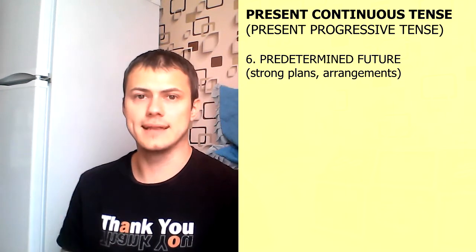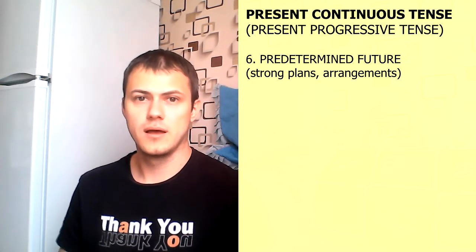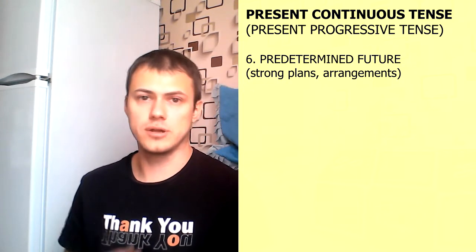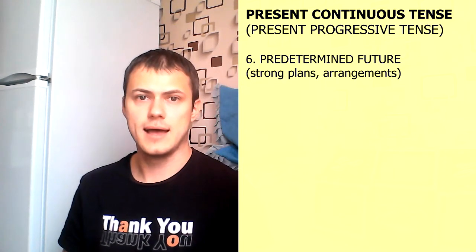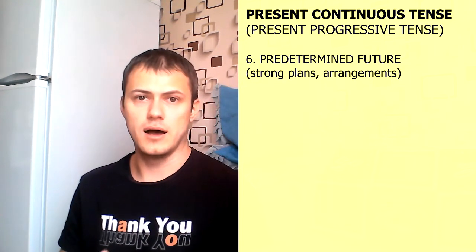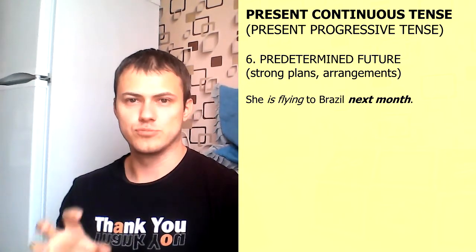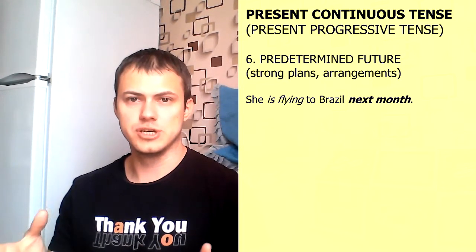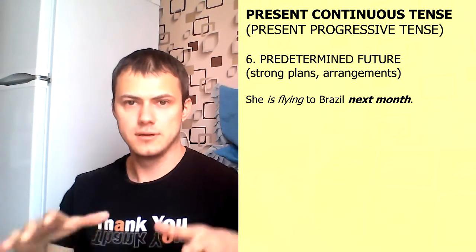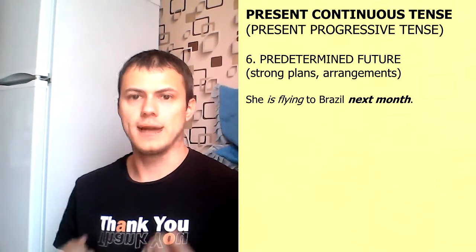But we often use the present continuous tense when we are talking about future plans, future actions, and future physical activities. For example, she is flying to Brazil next month. She isn't flying to Brazil right now. She's at home right now.